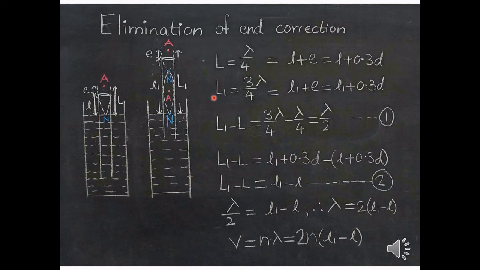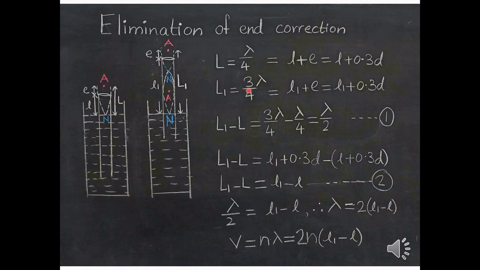So here capital L1 is 3 by 4 times lambda. Now we can write this L as lambda by 4, which is also equal to small l plus E. Now E is the end correction, which is given by 0.3 times D, where D is the inner diameter of the tube. So this is equal to small l plus 0.3 times D.